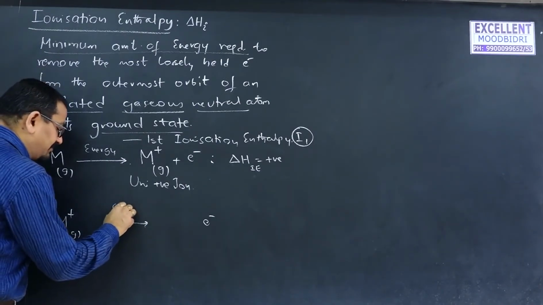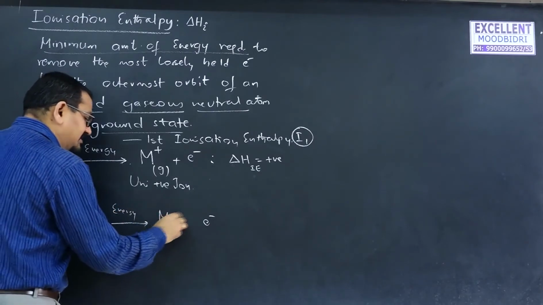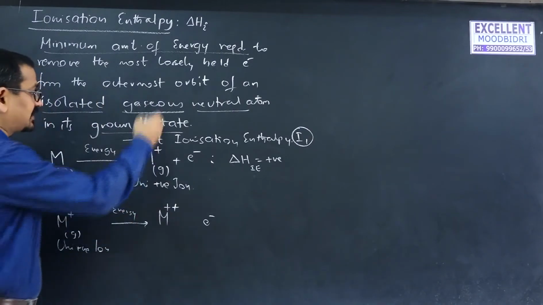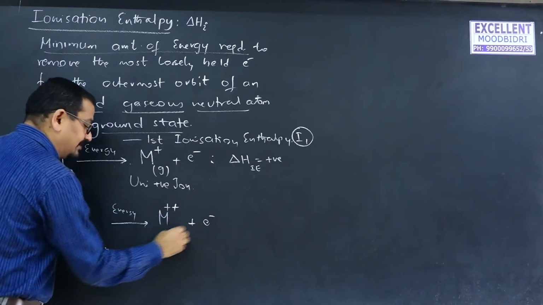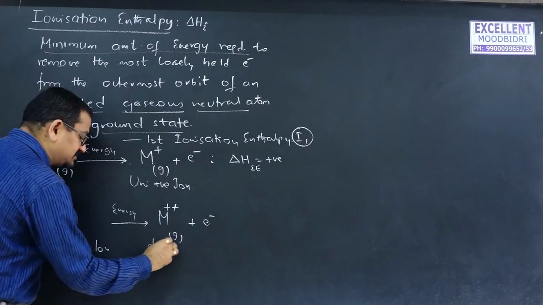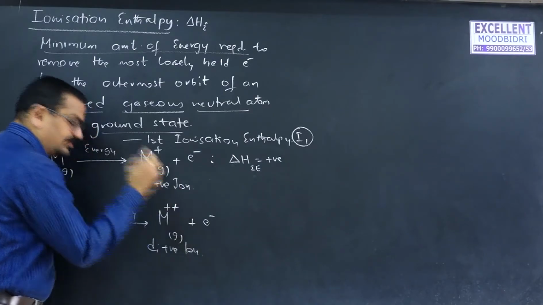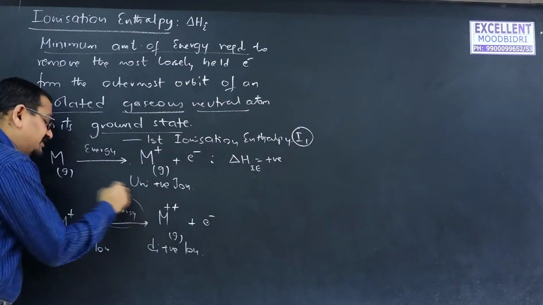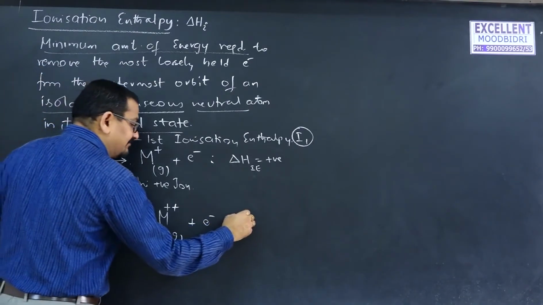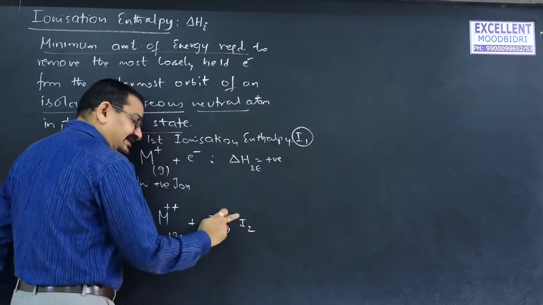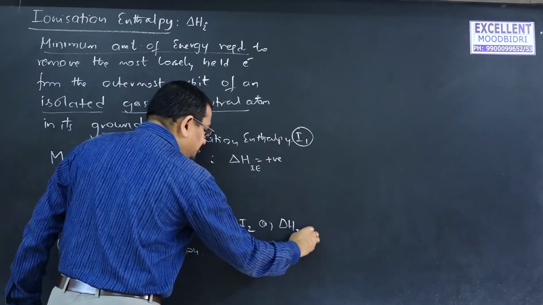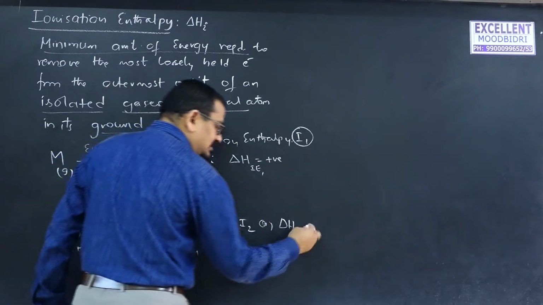So we have to supply some energy so that an electron can be removed, giving M plus plus, because 2 electrons are removed so far. M plus plus gaseous is a dipositive ion. Now my question is, what is this amount of energy called? It is called I2, second ionization enthalpy, or delta H IE2. When this is called IE1, this is called IE2.